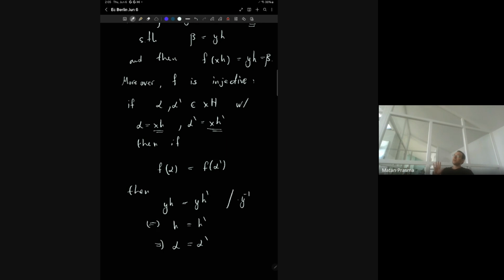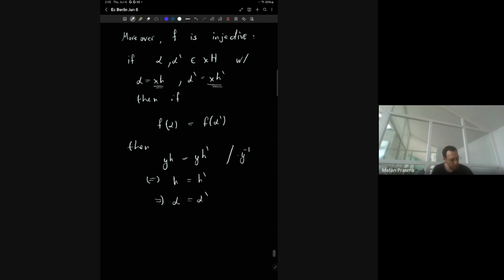Okay, so to sum up, the function f from xH to yH that takes an element alpha and maps it into f of alpha is bijective.